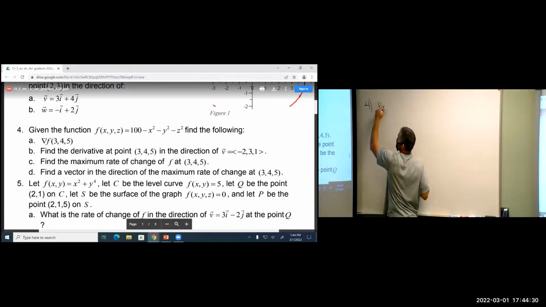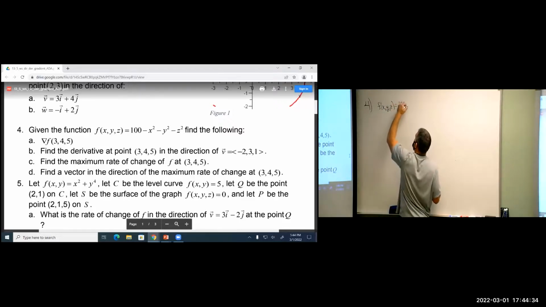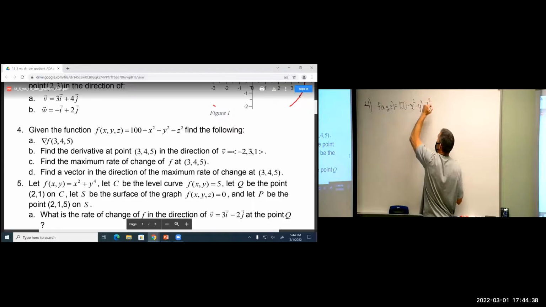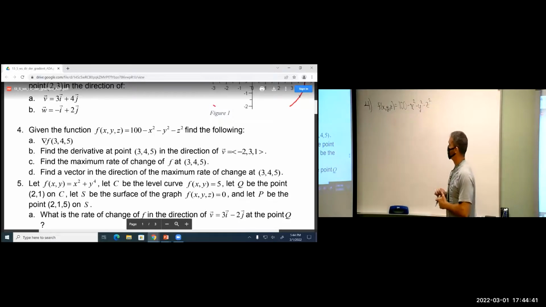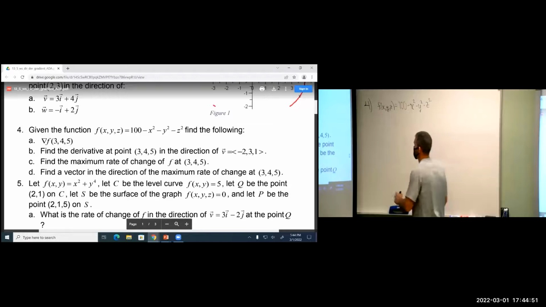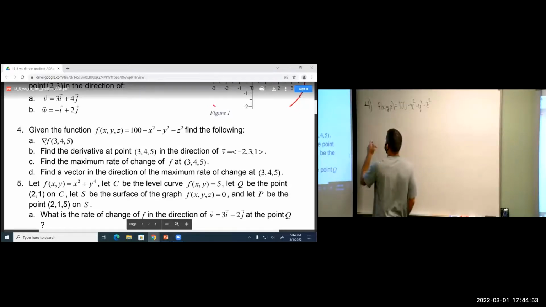So we have f of x, y, z equals 100 minus x squared minus y squared minus z squared. It's not a really difficult function. If I want to find the gradient at (3, 4, 5), what's the very first thing I'm going to need to find? I'm going to need the partials.